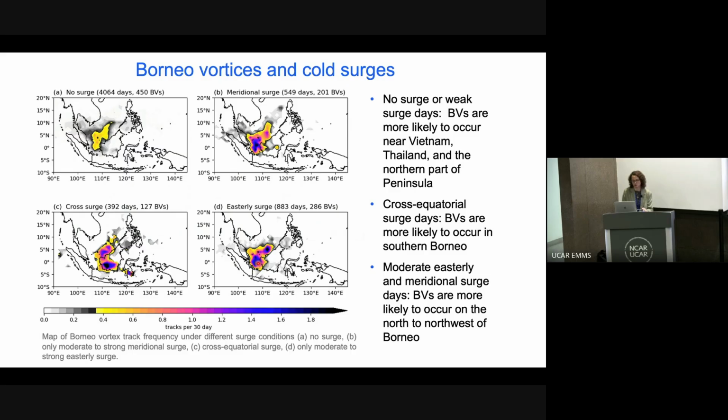If we have cross-equatorial surges, you can see that the distribution of the tracks is in the C-shaped clusters. So the cross-equatorial surges are favorable for the C-shaped vortices to occur. And if we have meridional and easterly surges, the distribution is relatively similar. They're affecting western Borneo, northern Borneo, in both cases, Peninsula Malaysia as well.